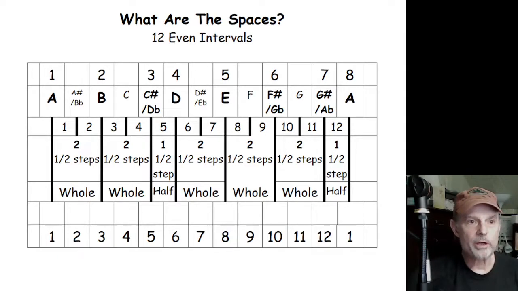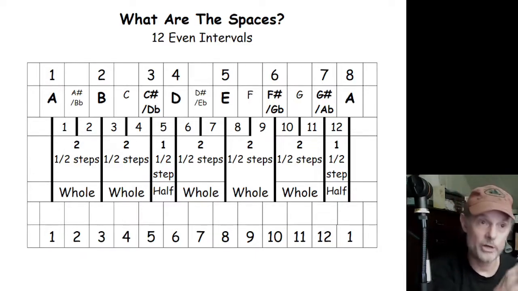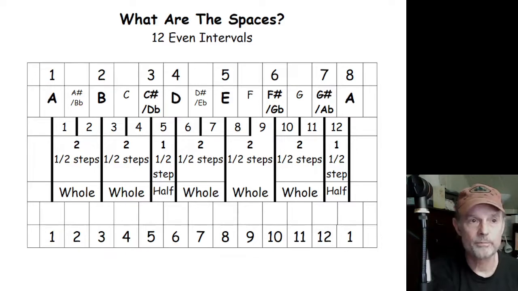If we break those 5 whole steps into half steps, that makes 10 half steps. Plus, we already had 2 single half steps. So that equals a total of 12 half steps. 2 and 2 is 4, and 1 is 5, and 2 is 7, and 2 is 9, and 2 more is 11, and 1 is 12.